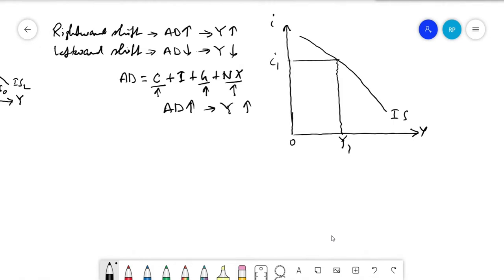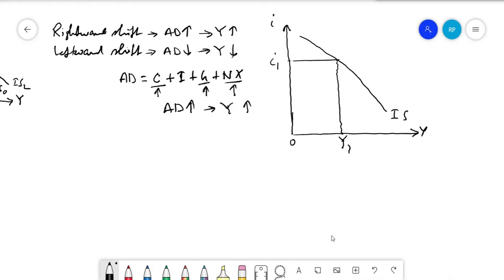Suppose your consumption is going to change, not due to change in your income. Y remains the same. Maybe other factors; I will discuss what the other factors are. If C is going to increase, or maybe your lump sum investment, that is autonomous investment, also increases, again your IS curve will shift. If government expenditure increases, then again your IS curve will shift rightward. Or suppose net export has increased, again the IS curve will shift rightward.